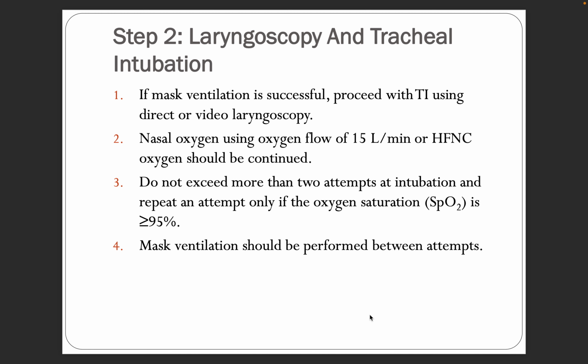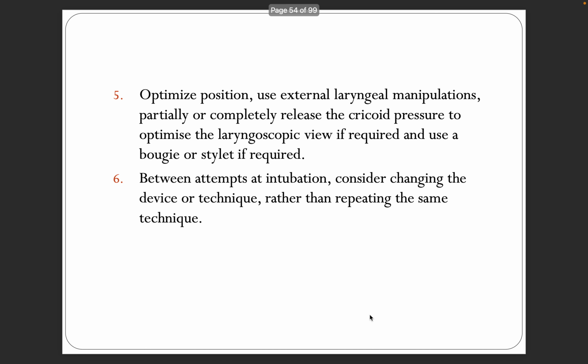Nasal oxygen using oxygen flow of about 15 liters per minute, or HFNO, should be used and continued. Do not exceed more than 2 attempts at intubation, and repeat an attempt only if the oxygen saturation is more than or equal to 95%. And mask ventilation should be performed between the attempts.